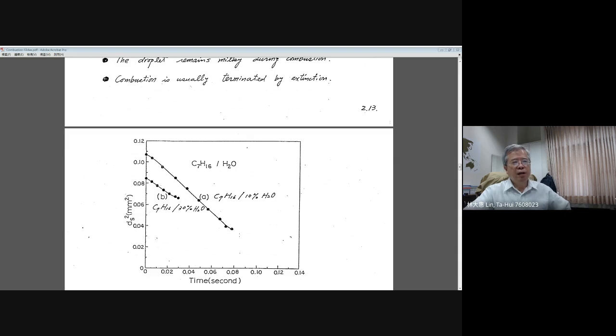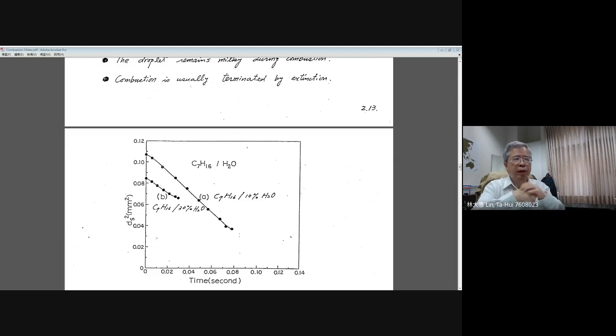You can figure out for these fuels, initially the C7 will start to evaporate very fast. Then the water will replace the C7 on the surface and provide water vapor.